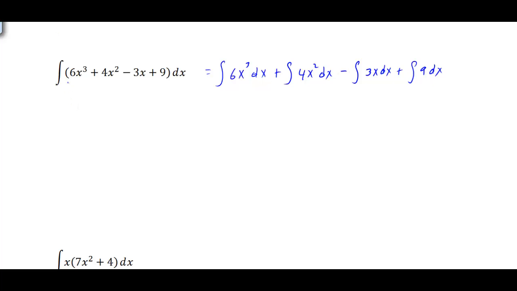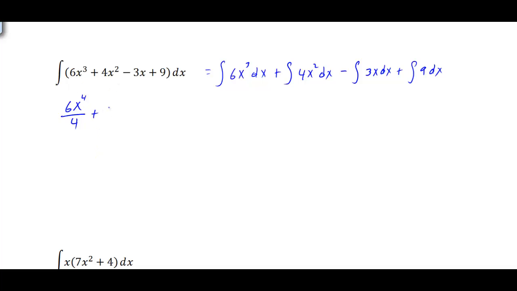For example, over here we could look at 6x cubed, and the rule for this is to take your exponent and increase it, so 3 plus 1 is 4, and then you're going to simply divide by 4. So there's the integral of 6x cubed.